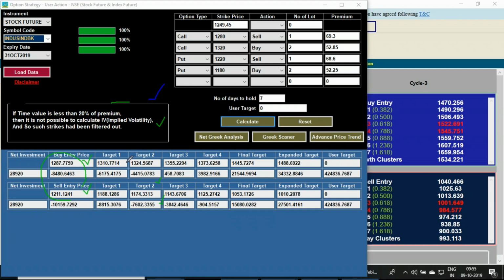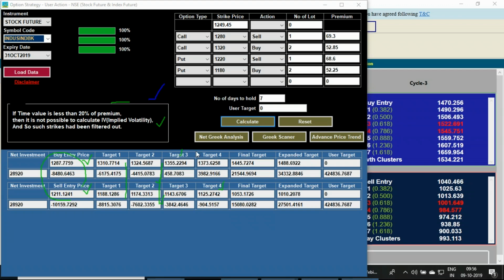If you are consolidating further, 1310 to 1188, you have this loss parameter. 1324 to 1174, you still have a loss. Your profitability comes if it goes above 1350 and so on. In the same way, your profitability comes if it falls below 1125 and so on. So this is what it is suggesting.